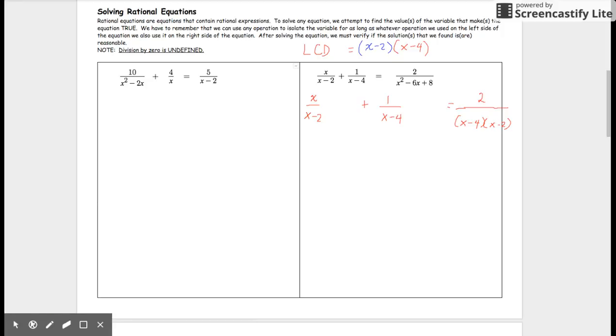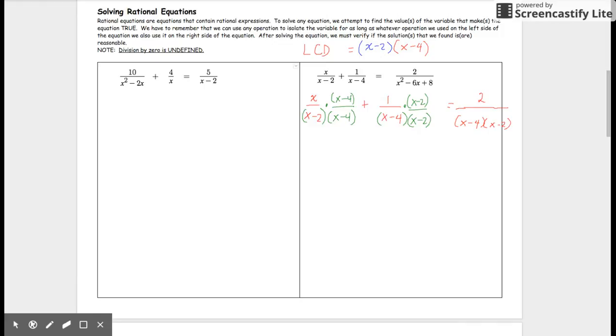So what we're going to do is multiply this by x minus 4 over x minus 4. Then now the denominator is like the LCD. And for the second fraction here, we will multiply this by x minus 2 over x minus 2.